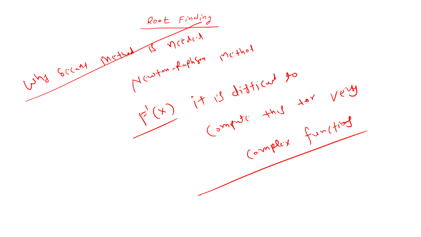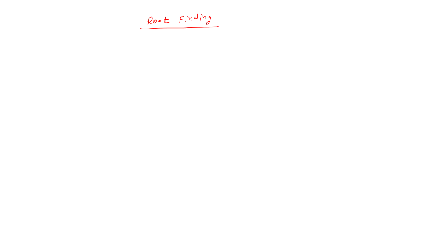And now with this second method also, there has been an update. That update is in the form of the modified second method. And what does this modified second method say?